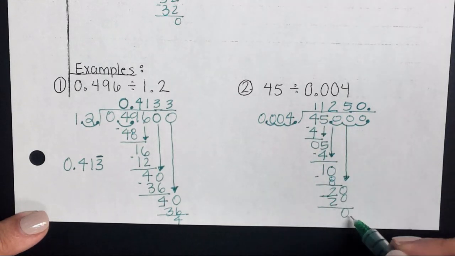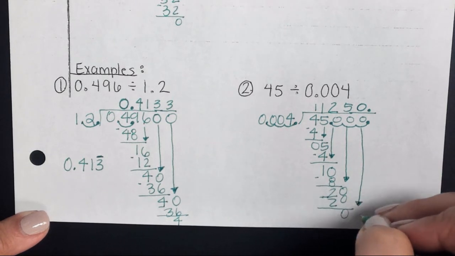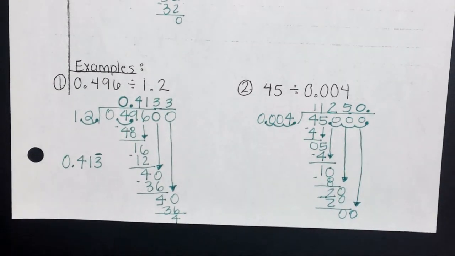If I bring a digit down, I have to put a number above it up top. If it was after my decimal point, I wouldn't have to worry about continuing to bring zeros down. But if it's a space in between the number you started and where your decimal point is, you have to work all the way up to your decimal point. You can't have any empty spaces once you've started there.